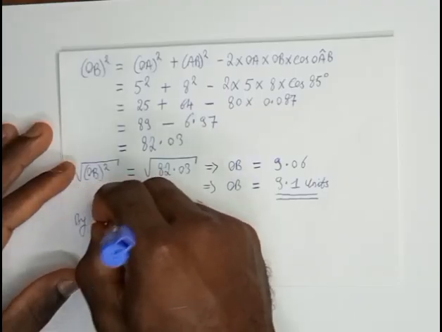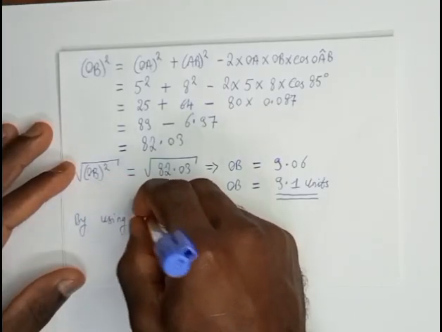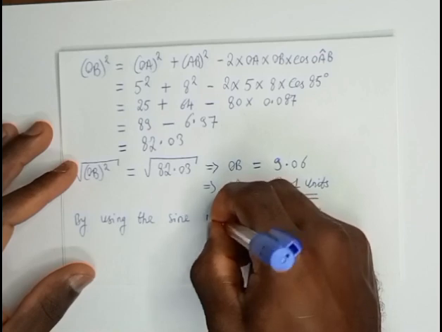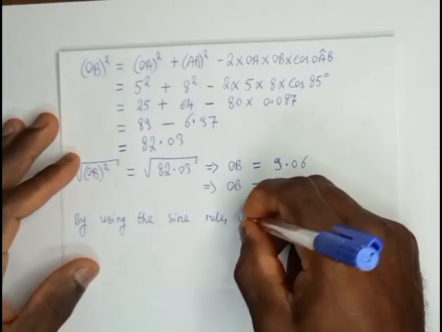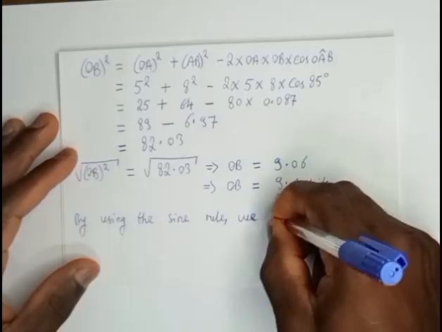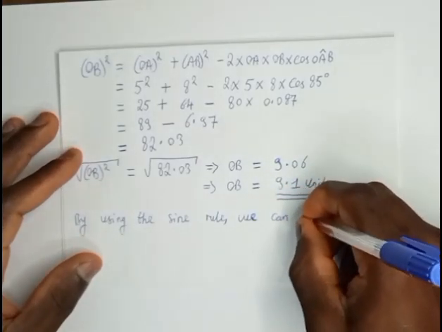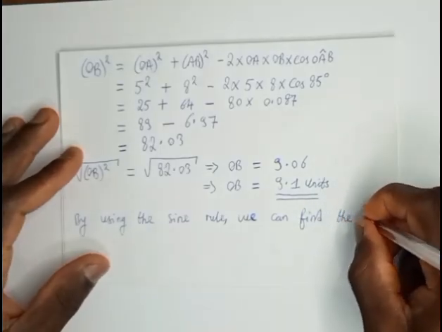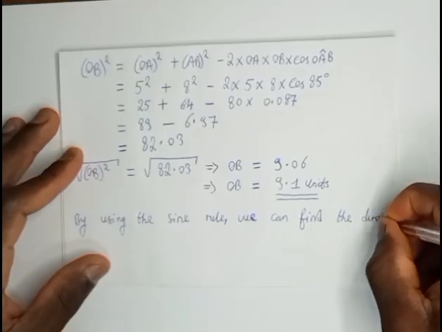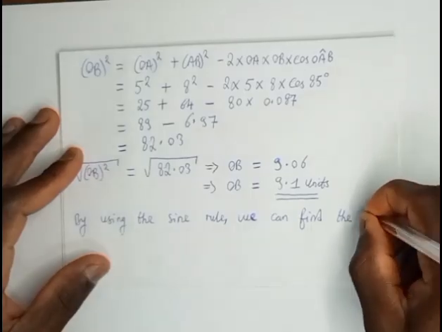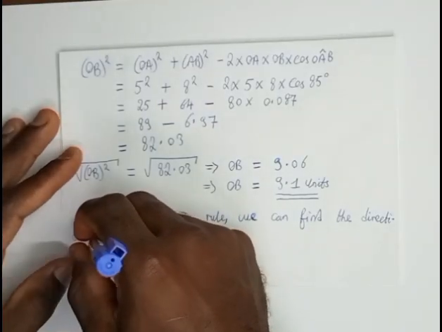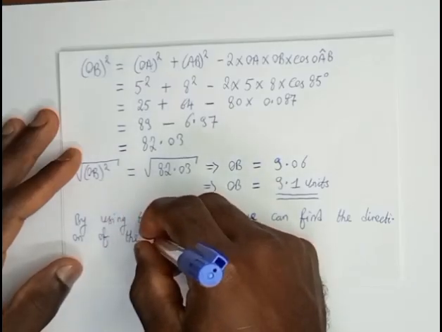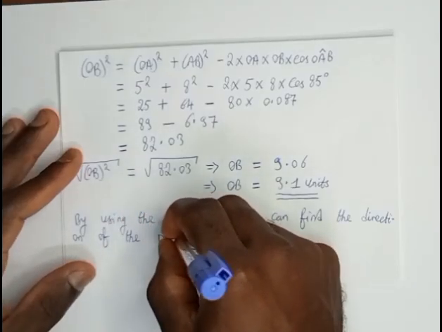By using the sine rule, we can find the direction of the resultant.